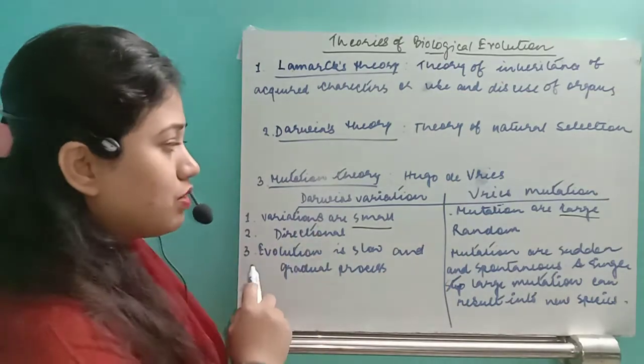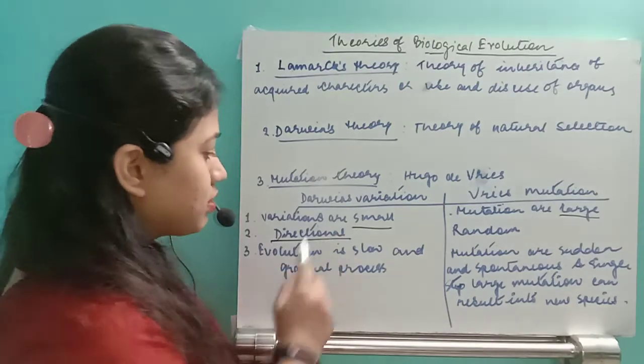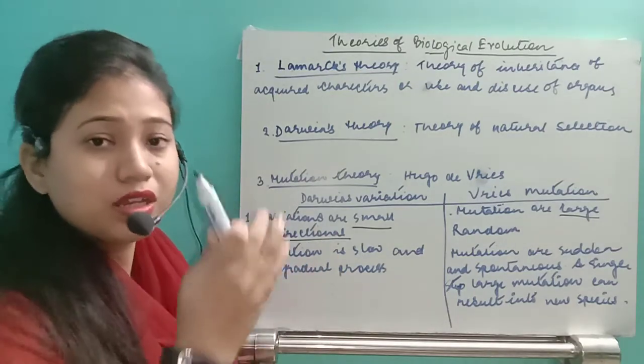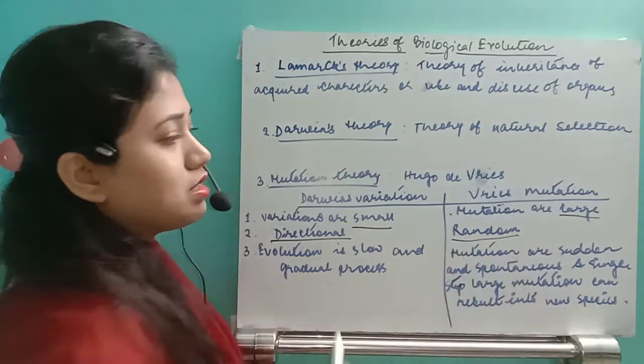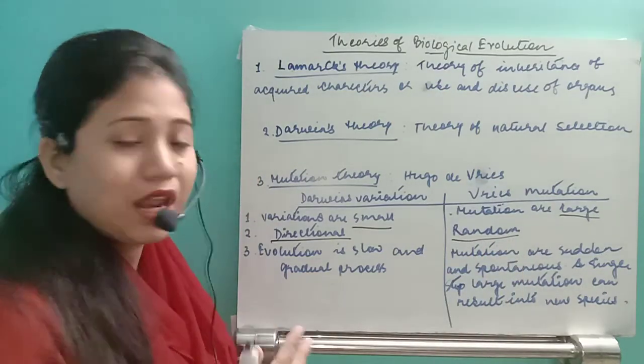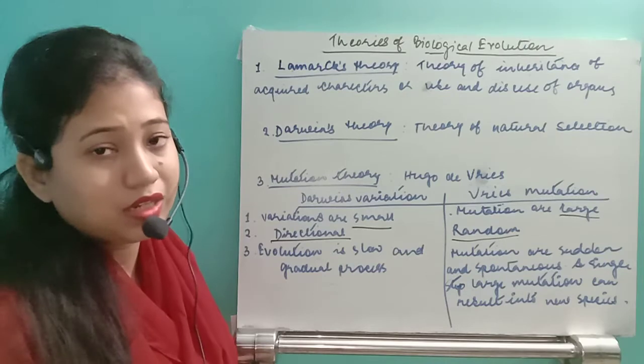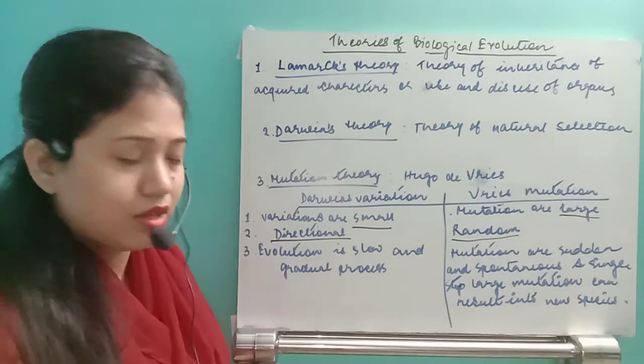Darwin's variation is always having a direction. It occurs in a directional way. And Hugo de Vries said that mutation is a random process which does not have any direction. It can occur in any direction.